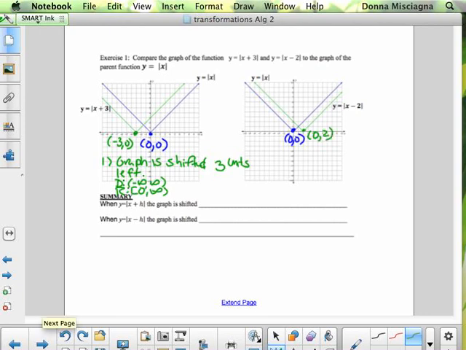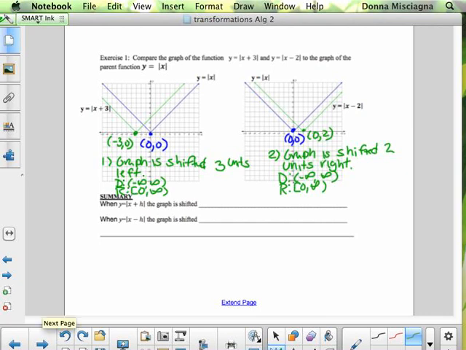So notice that the graph is shifted 2 units right. The domain is negative infinity to infinity, and the range is still 0 to infinity because we just shifted to the right. We didn't shift up or down.